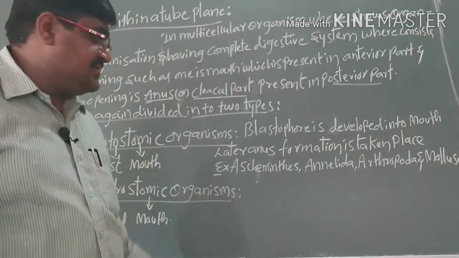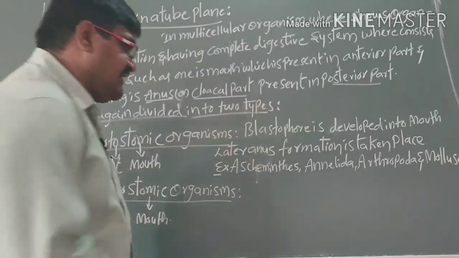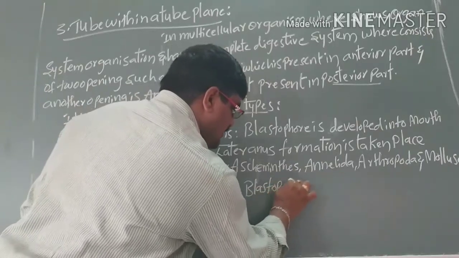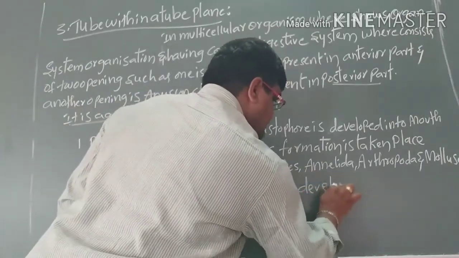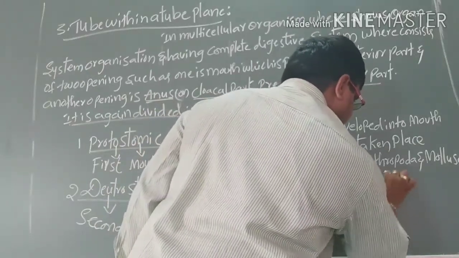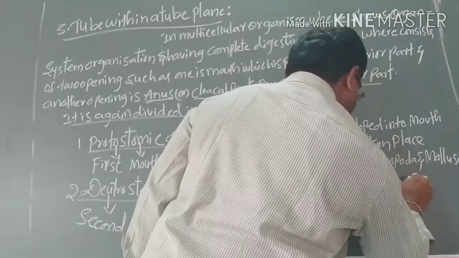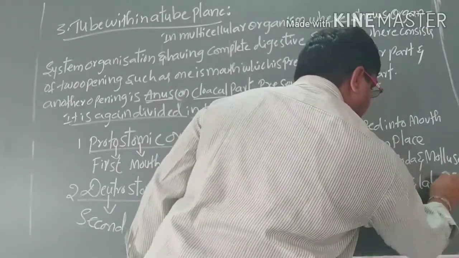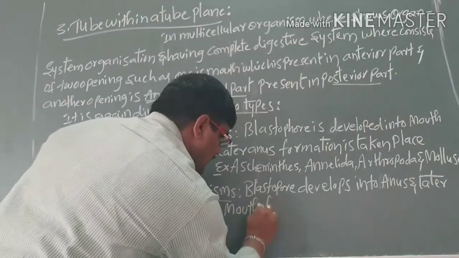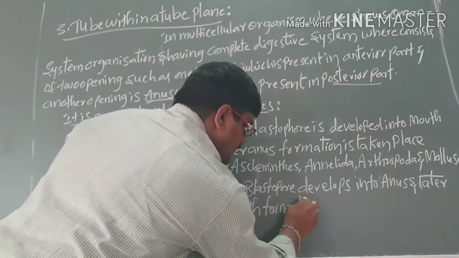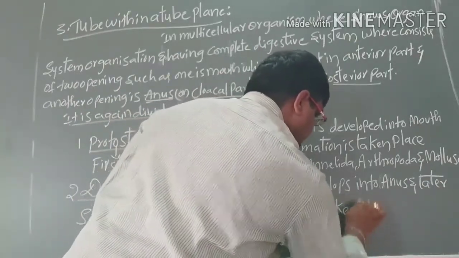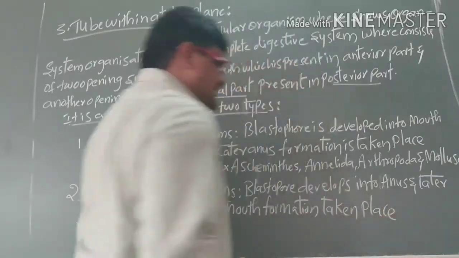That is, the blastopore develops into the anus, and later the mouth formation takes place. That means secondly the mouth formation takes place.